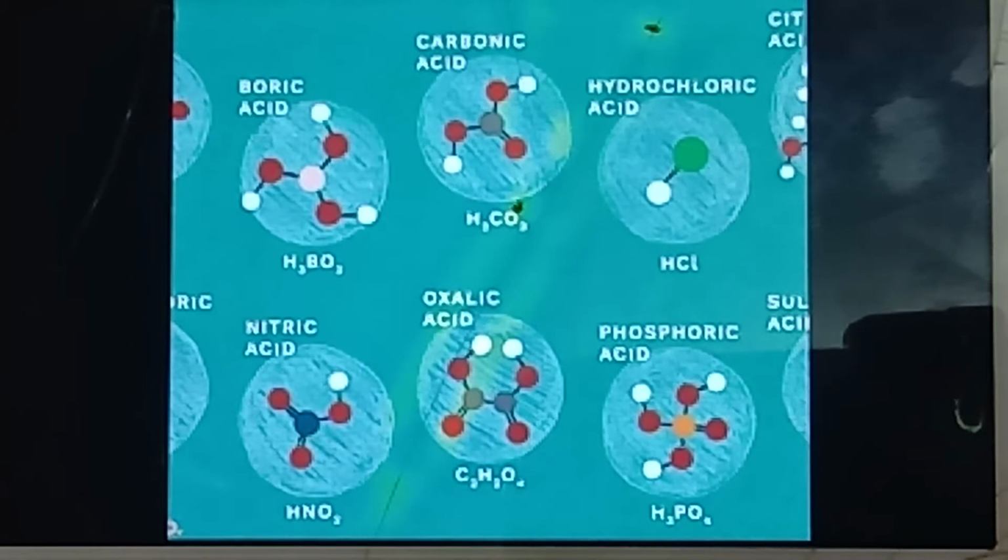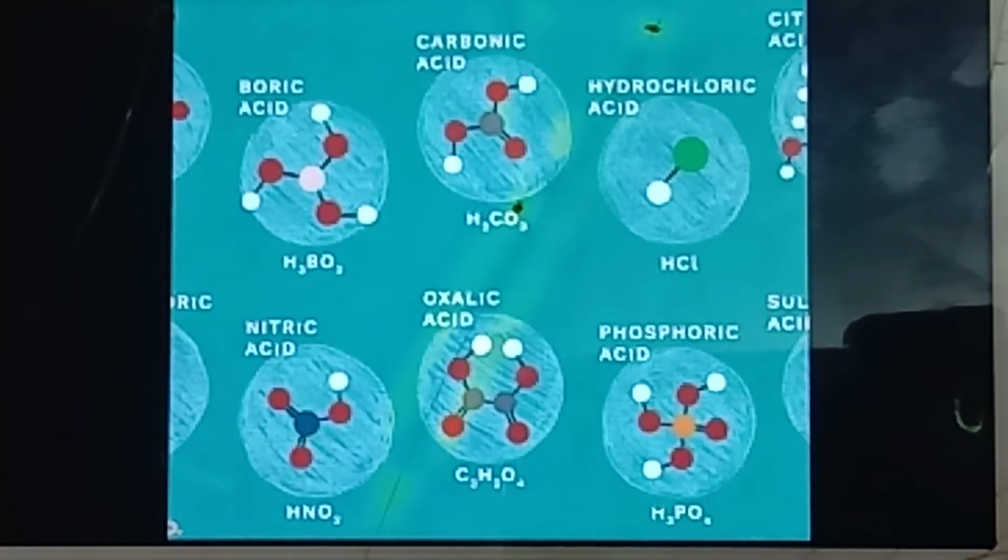Acids can be classified into organic acids and inorganic acids depending on the sources. Some acids occur naturally in fruits and vegetables.